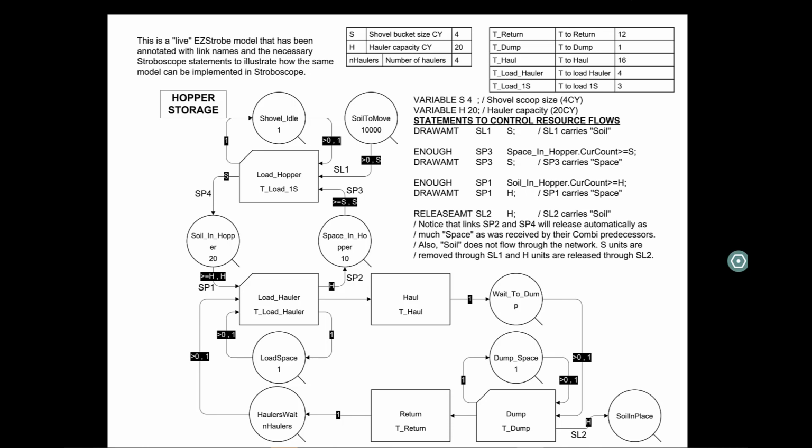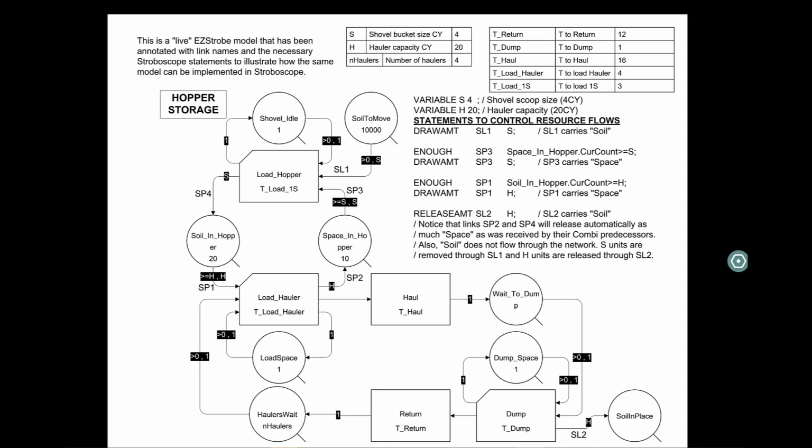In this example, we're primarily interested in the mechanism by which combi activities draw resources from the preceding queue. So let us begin with link SL1. Now, this particular link draws S units from the preceding queue, soil to move.